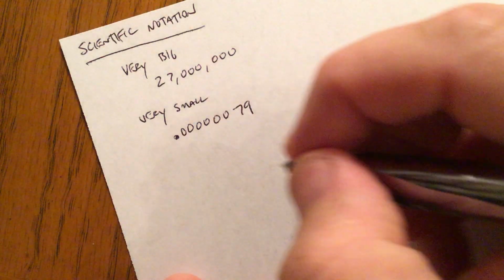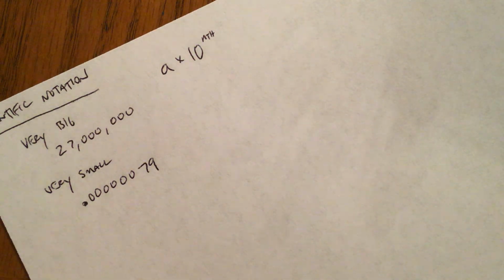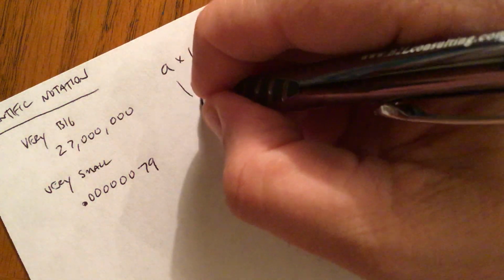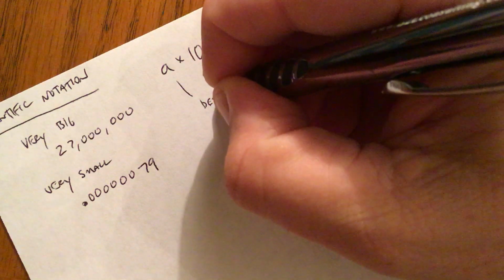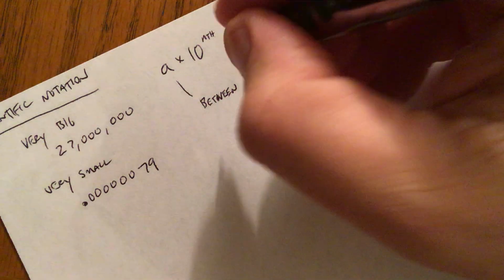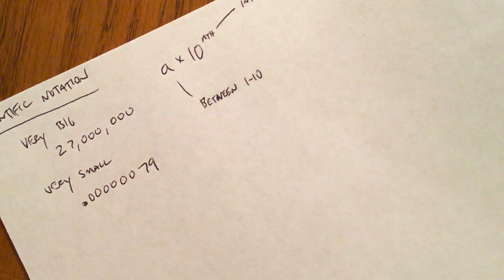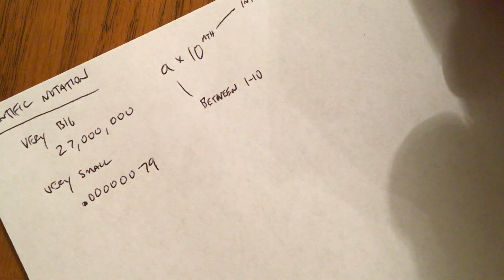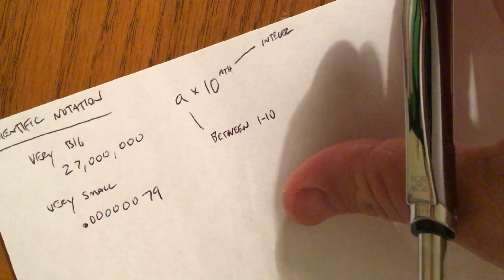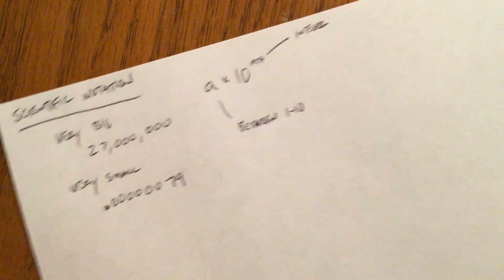So for scientific notation, your format is a times 10 to the nth degree. A has to be a number between 1 and 10, and n has to be an integer. That means it has to be a whole number, no fractions, no decimals, no square roots. It's just 10 to the third, 10 to the negative fourth, something like that.